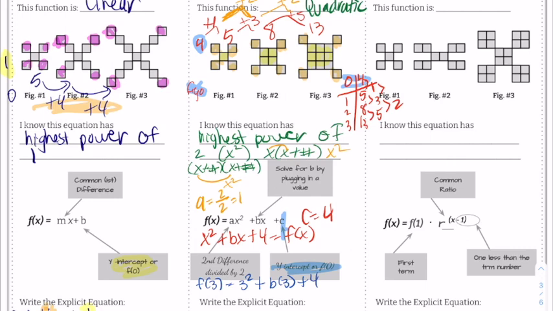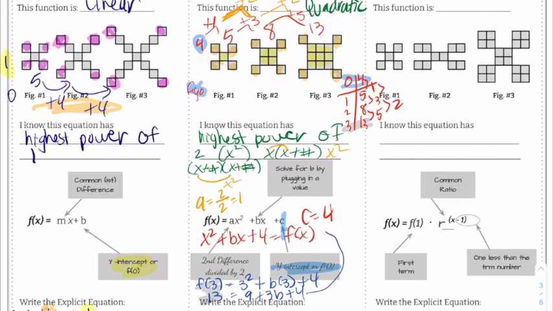But we know f of 3 is 13, so we're going to replace the f of 3 with 13 equals 9, because 3 squared is 9, plus 3b plus 4.